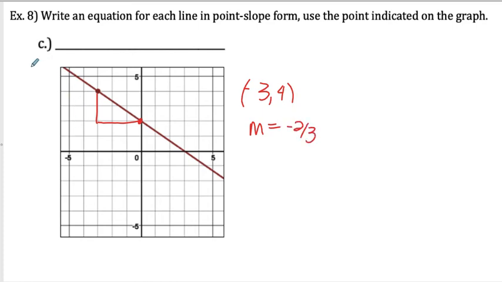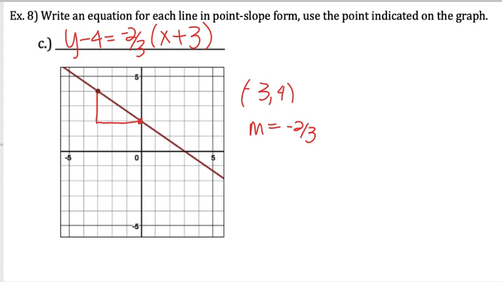So then my equation would be y minus 4 equals -2/3 times x plus 3, because that was a -3 there. So that's 3 examples showing how to write the equation from the graph.